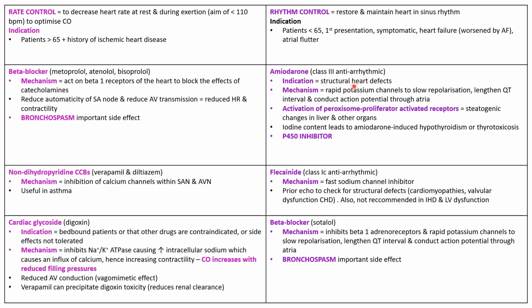It's indicated in structural heart defects. You'll understand why in a second. So its mechanism, it basically inhibits rapid potassium channels to slow repolarization, lengthen that QT interval, and it helps to conduct the action potential through the atria, through that normal conduction pathway.